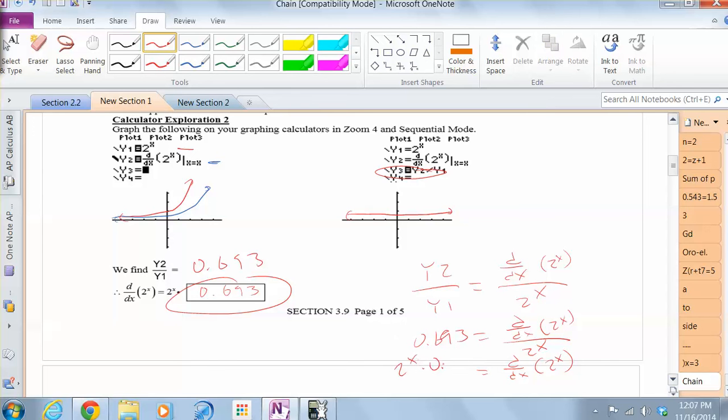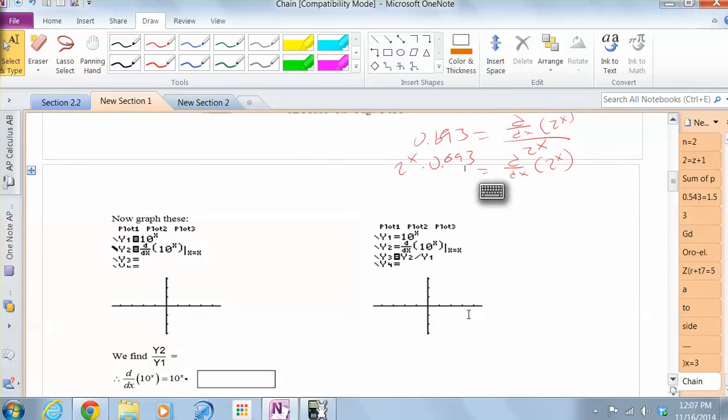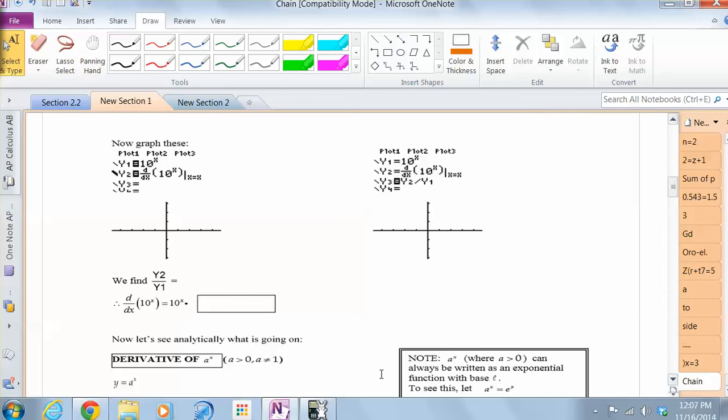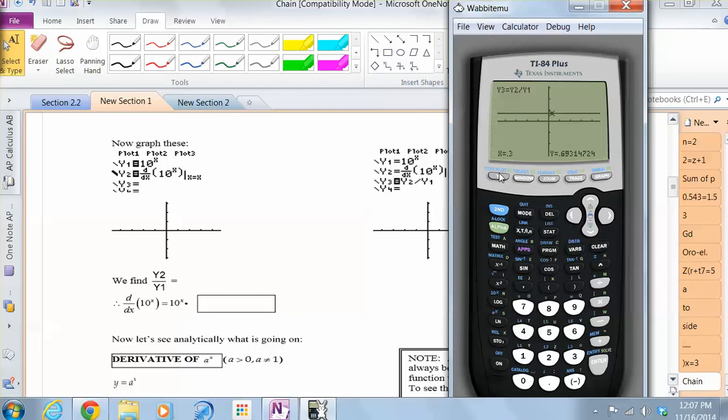All right, so now let's look at another one. Let's say I did 10 to the x. We probably should see the same phenomenon here. And let me turn off y3 for now. Okay.